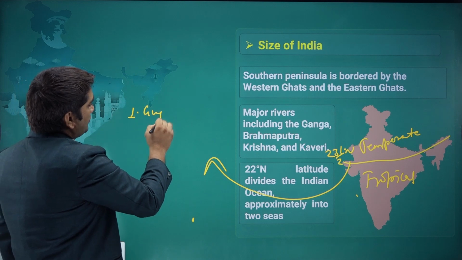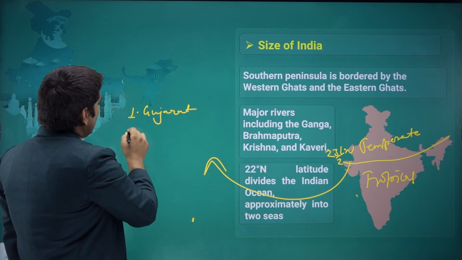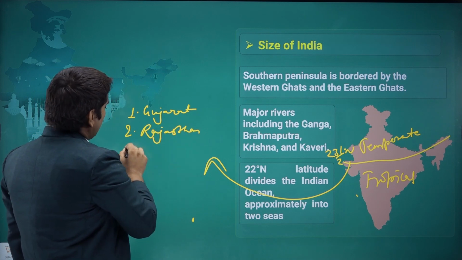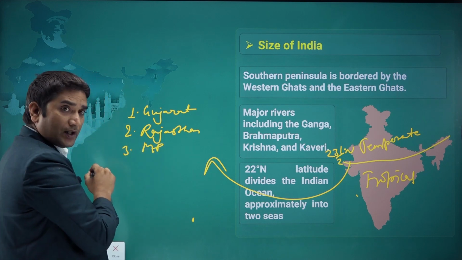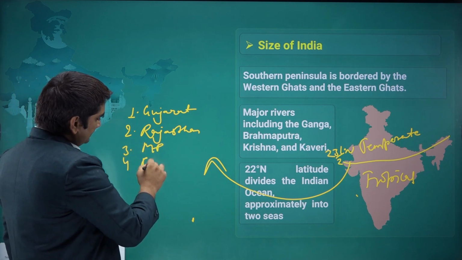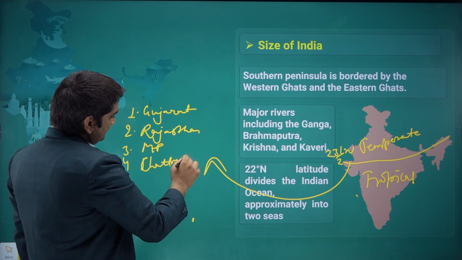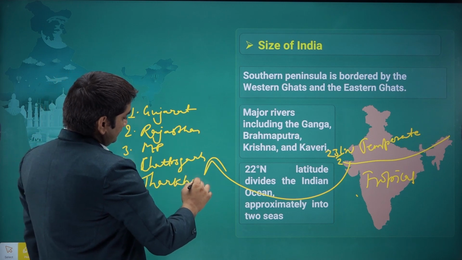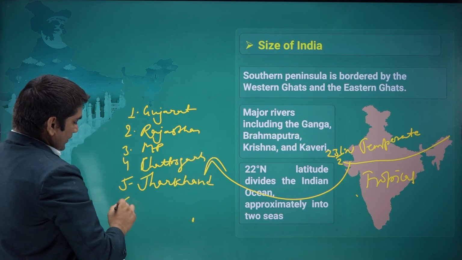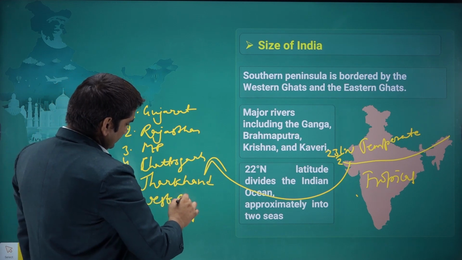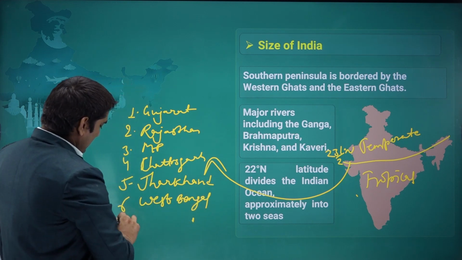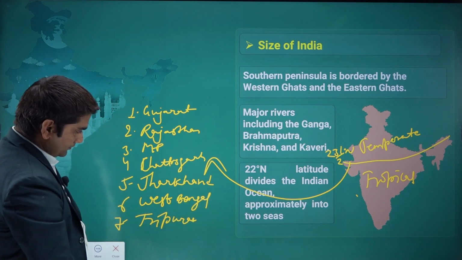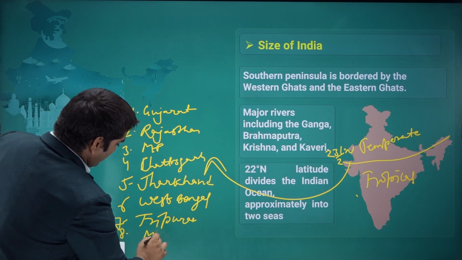The first is Gujarat, second Rajasthan, third Madhya Pradesh, fourth Chhattisgarh, fifth Jharkhand, sixth West Bengal, seventh Tripura, and eighth Mizoram.